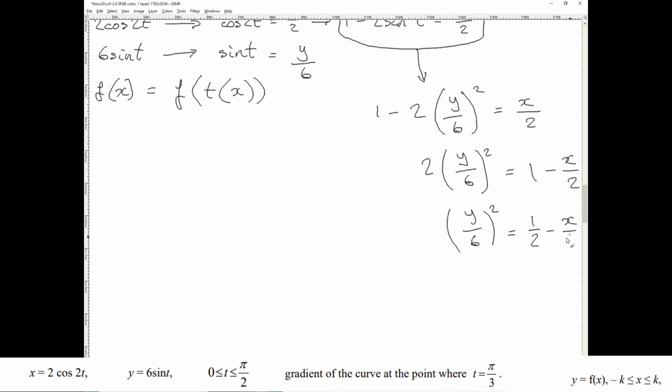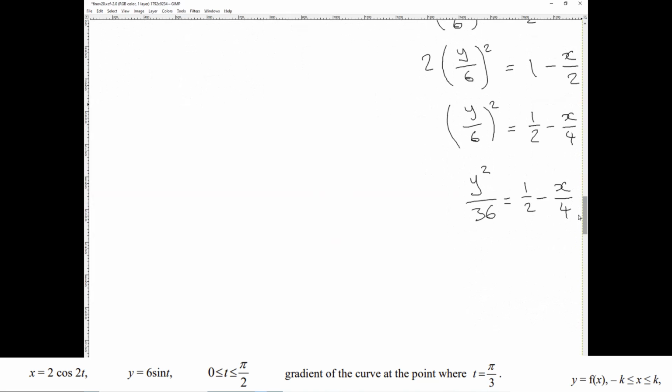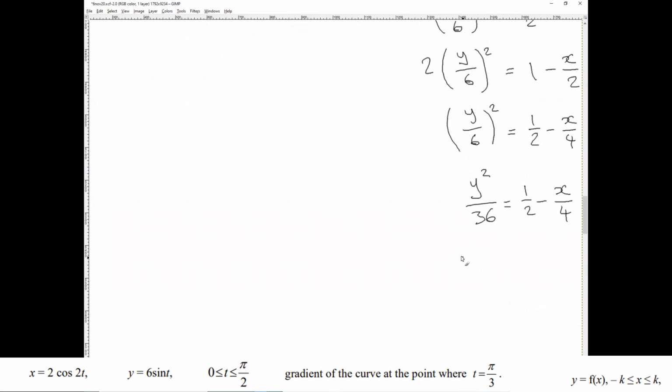Good. And then we get y squared over 36 equals a half take away x over 4. Good, then we times it by 36. Might as well, yeah.